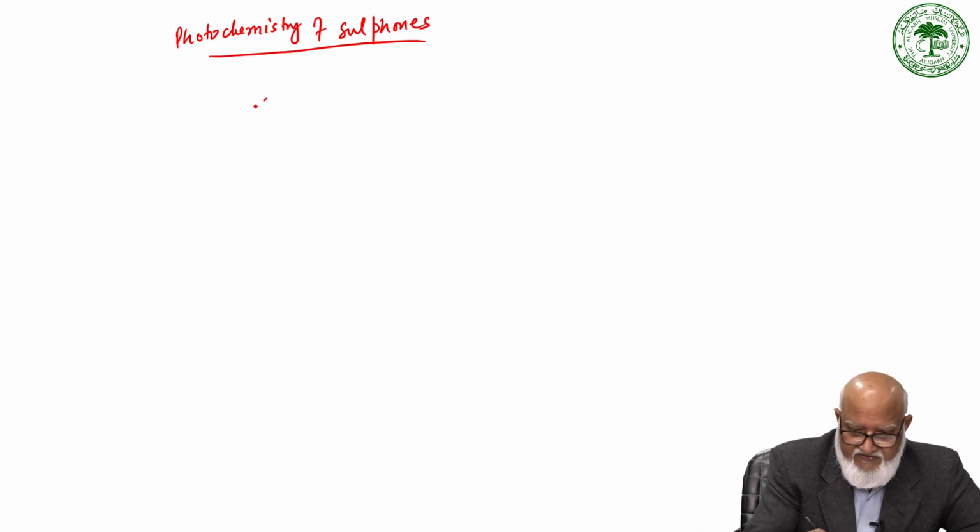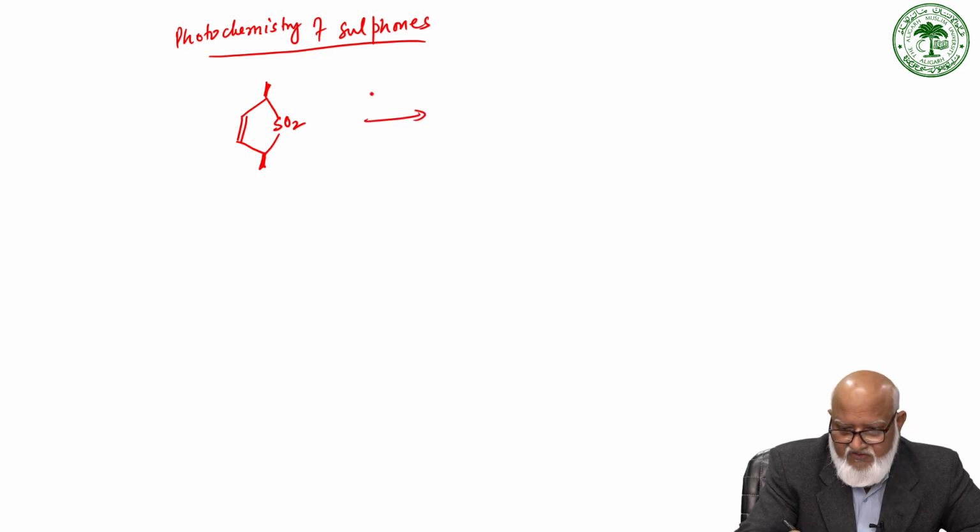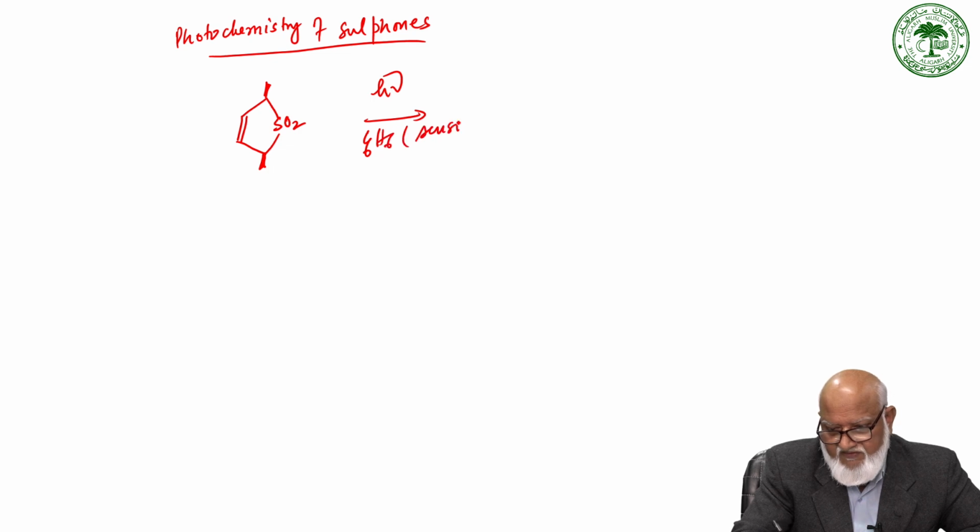If we have a system like this, with SO2, and of course we have a cis orientation, h nu, and C6H6 is the sensitizer, going via 1, 2, 3, 4, 5 leading to 4 plus 1.